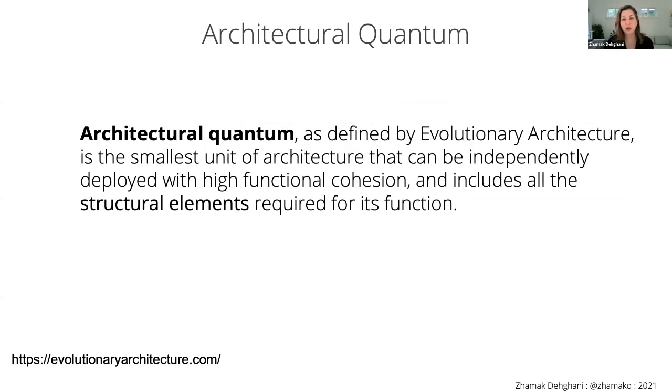Essentially, it's the smallest unit of your architecture that has all of the structural components to do its job. So in this case, I need all of the structural components, the code, the storage, the services, the transformation logic, everything, so that I can provide that top daily podcast to the rest of the organization. So it's the smallest unit of your architecture.